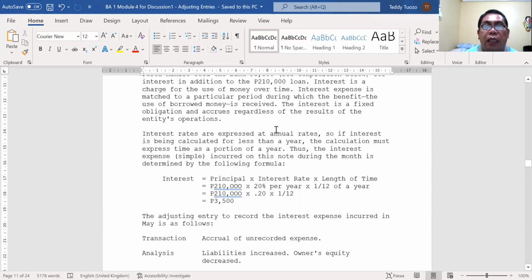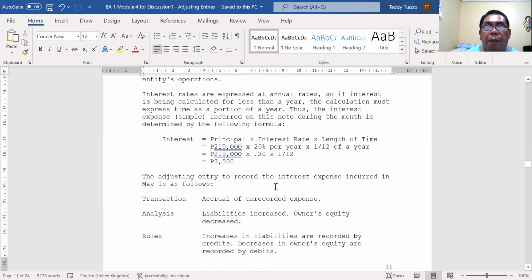Interest rates are expressed at an annual rates, no? So if interest is being calculated for less than a year, the calculation expressed time as a portion of the year. Thus the interest expense simple interest raan ato formula incurred in this note during the month is determined by the following formula. So ito PRT, no?